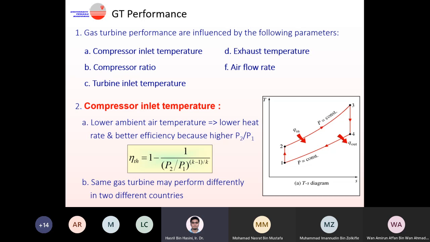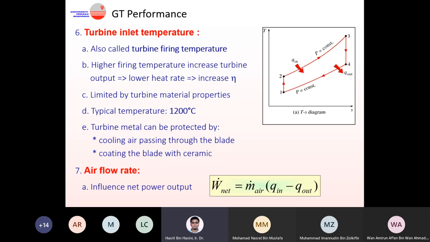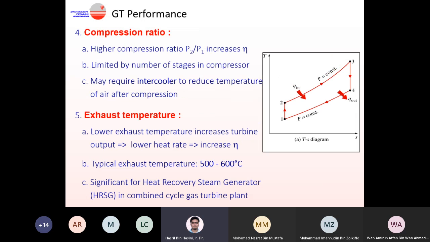The other factor is, what we were talking about just now as ambient is actually relative to the exhaust temperature. Exhaust temperature means you know that after the combustor, air goes to the gas turbine. After the gas turbine, work has been extracted, and then it will be released to the ambient, or it will be released to the chimney, to be exact. So that is the kind of temperature that we are talking about after the gas turbine. It is actually the ambient condition.